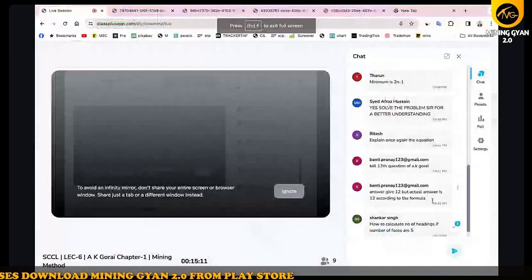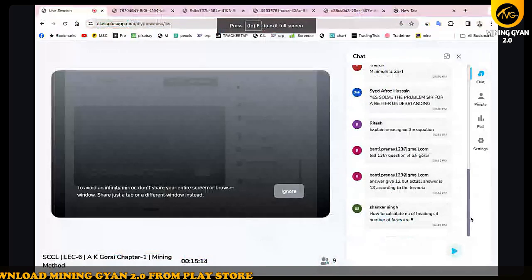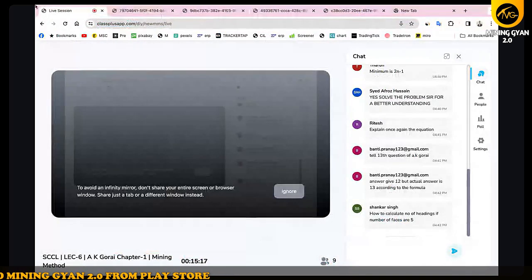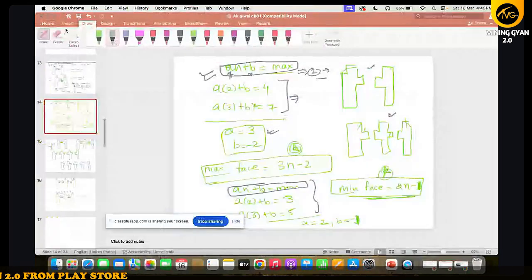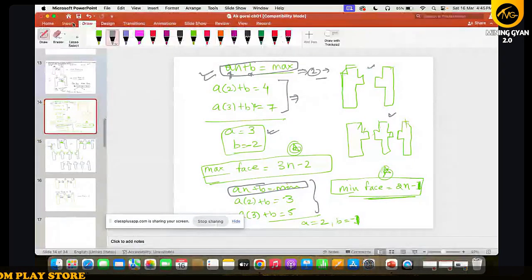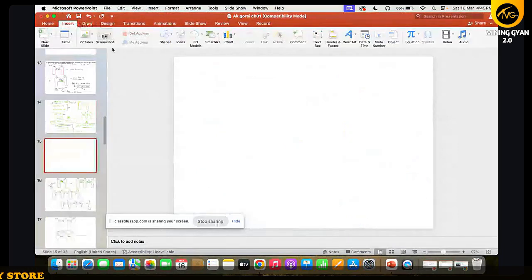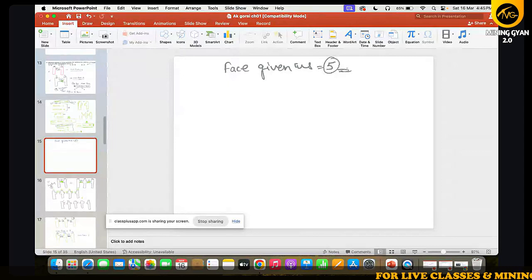अगर फिर भी नहीं समझ में आया ना भाई, हाउ टू कैलकुलेट नंबर इफ द नंबर ऑफ द फेसेस आर 5. अच्छा, so now if the face given us 5, but you have not said is the minimum face or maximum face, then how we will?